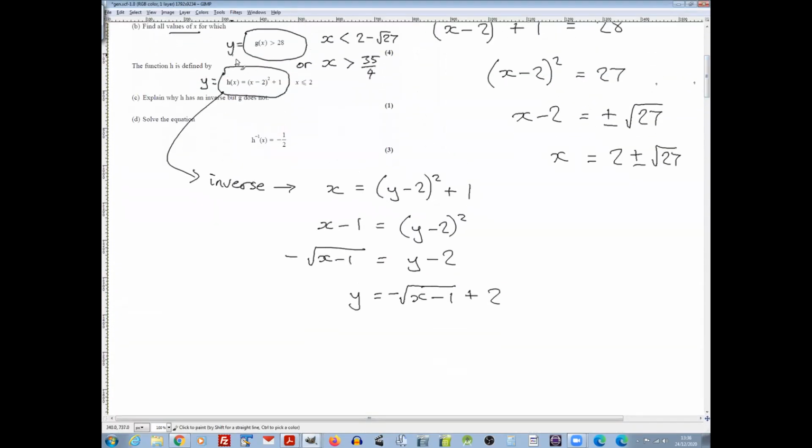You see, look, we found the inverse of h, which are the new y values.